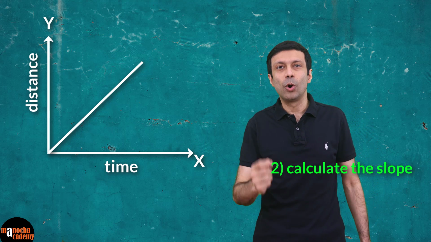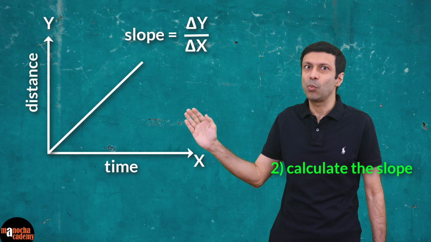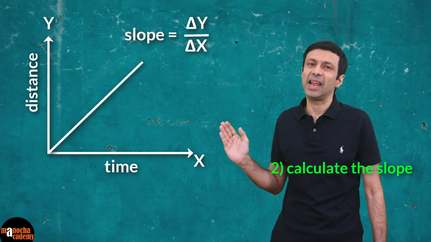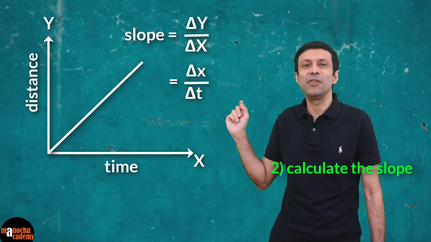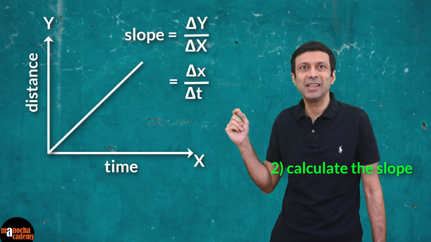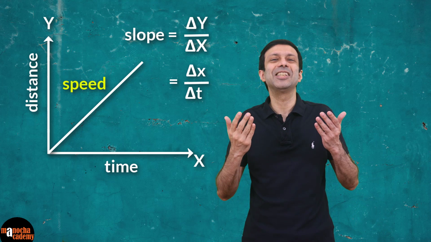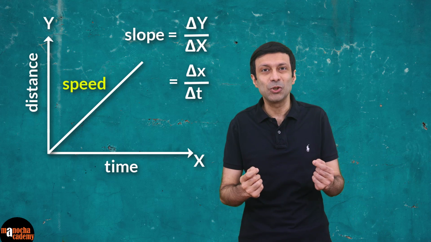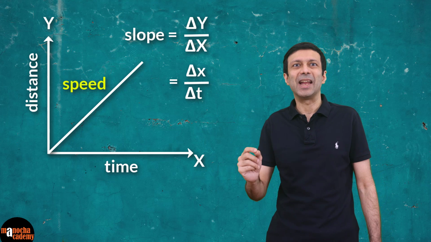Why? Because slope of a graph is delta y by delta x. Remember, change in y by change in x values. That is going to be here delta x divided by delta t, which means change of distance divided by change in time. And we know that change in distance by time is the speed of the body. So what you need to do is calculate the slope of this distance time graph to get the speed of the body.